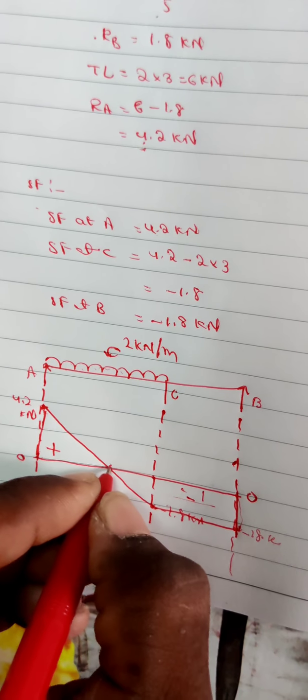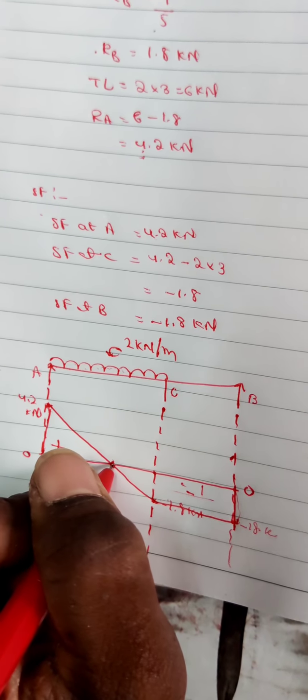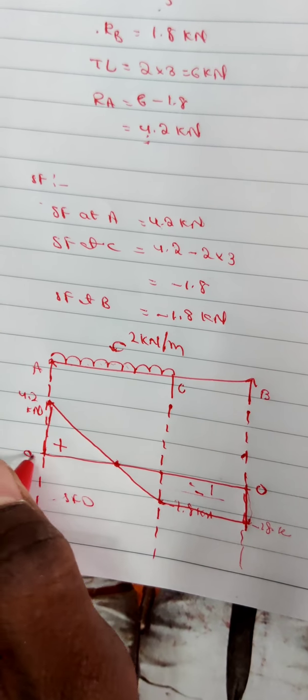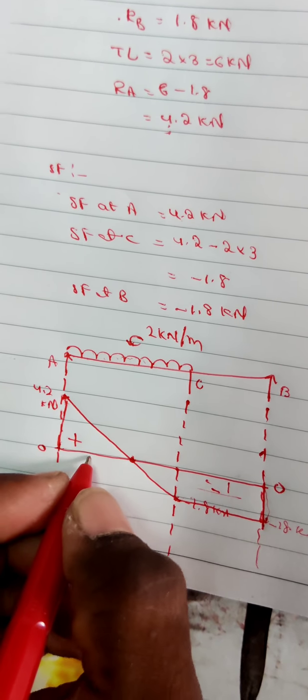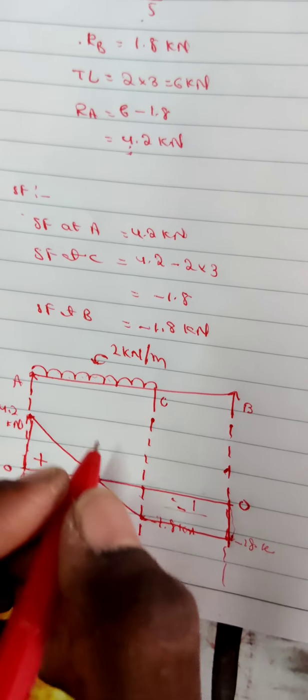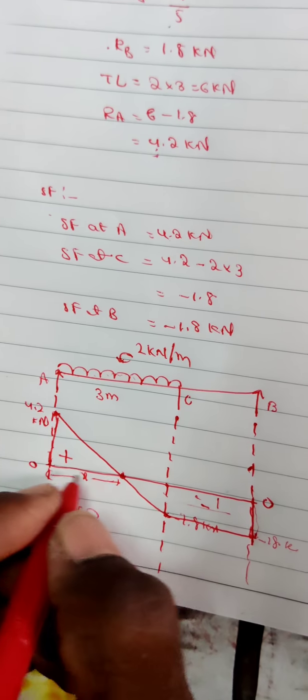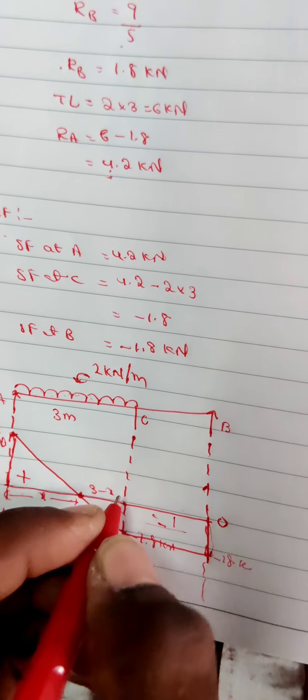Now we can calculate this distance. Where the shear force is zero, there will be the maximum bending moment. So we need to find the distance from the support to this point, treated as x. The span from here to here is 3 meters, so if this is x, this is 3 minus x.